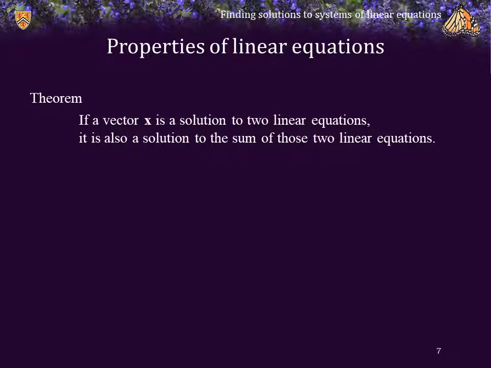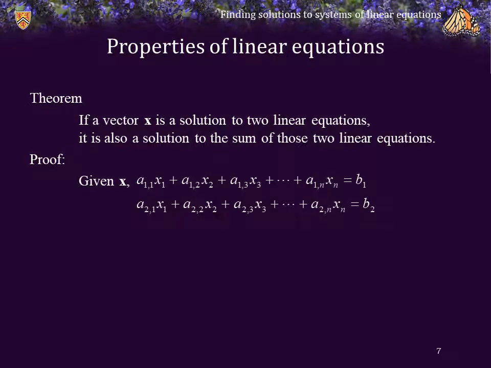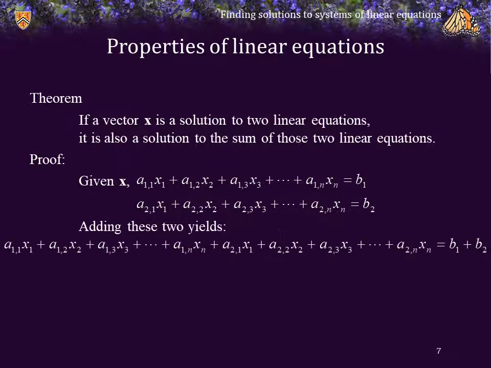Theorem: if a vector x is a solution to two linear equations, it is also a solution to the sum of those two linear equations. Proof: given x, assume that x is a solution to these two linear equations. Consequently, substituting in the values of x, both of these equations hold. Now, if I have two equations, I can add them together.